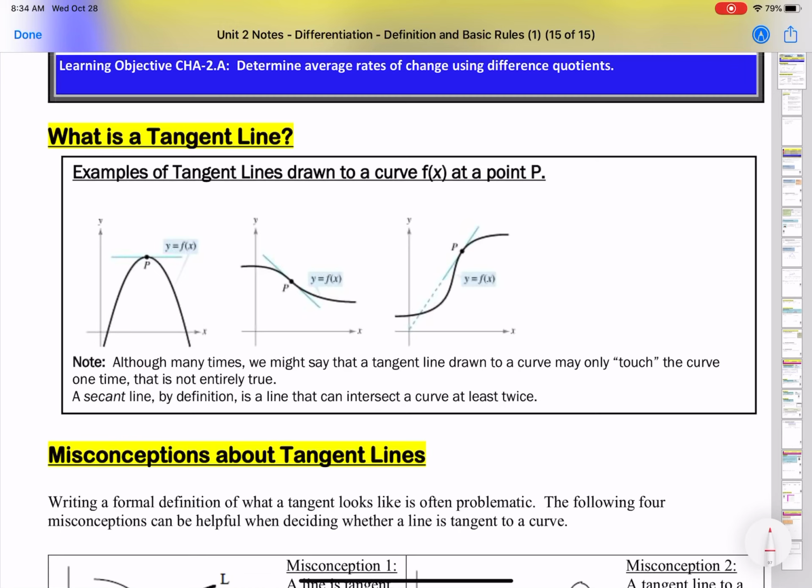So a tangent line, I'll just give you the definition right here. A tangent line is a line that, quote, just touches a graph. So it's just touching a curve at one point.